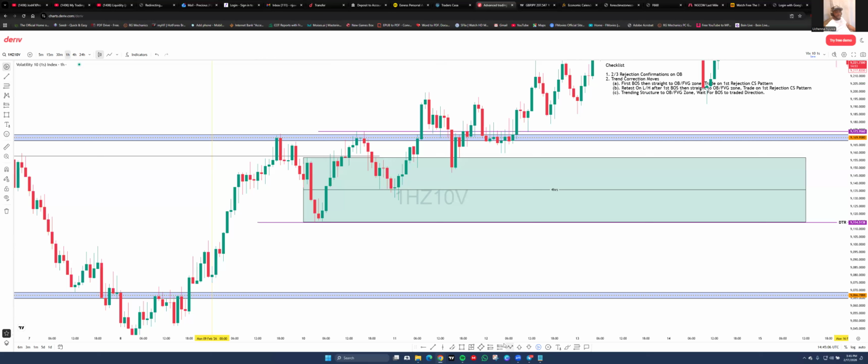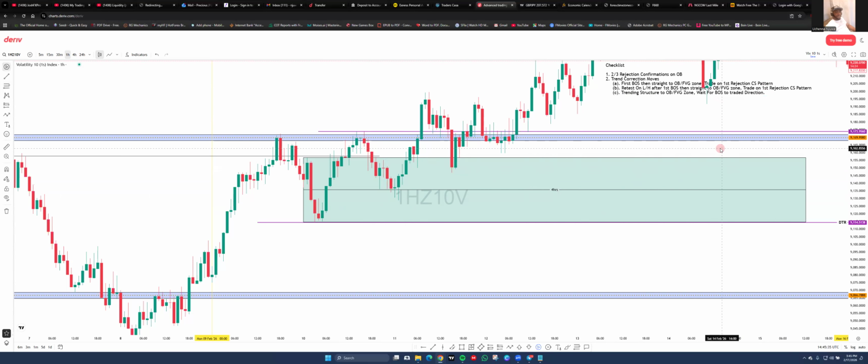If you notice, market trended down from here, created a low, created a high before it came down to this level of the 4 hours, right? So market trended down to that place. So what we have in this structure is that once there's a trending structure to the order block or fair value gap zone, wait for a break of structure in the traded direction.